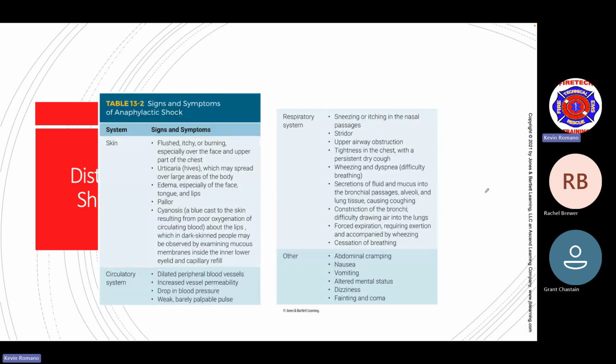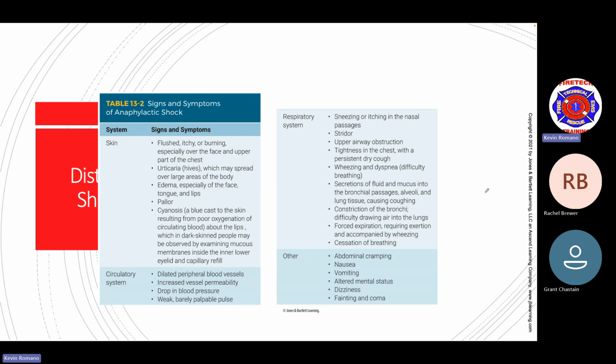You can see all the things that are on here. I'm not going to read through all these up here on the screen. But again, don't be afraid to pull the trigger to give epi. 0.3 milligrams of epi is going to work tremendously for these patients, and it's not going to really hurt them. Even pediatrics can tolerate epi a lot better than adults can.